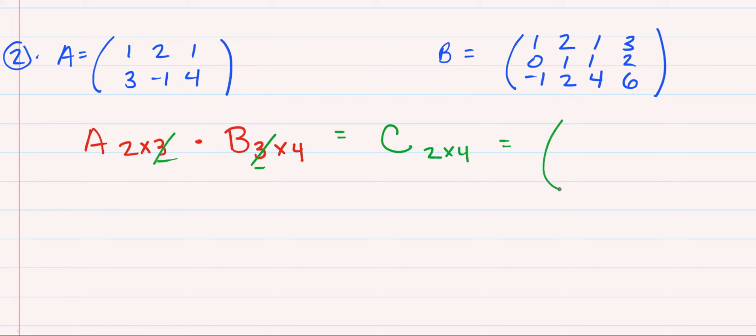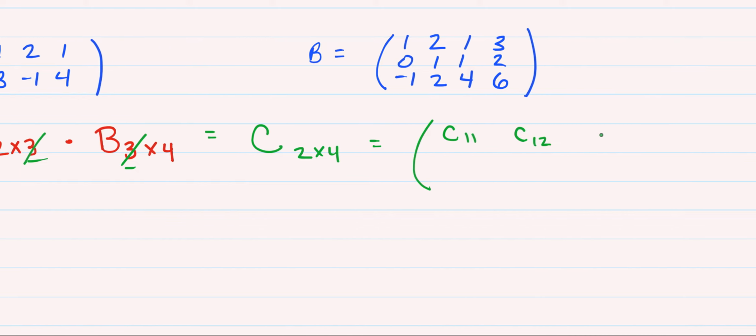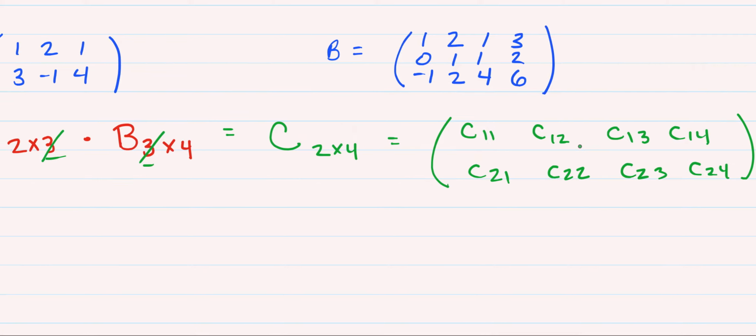I'm going to write out this matrix. It's going to be C11, C12, C13, C14, C21, C22, C23, C24. Again, 2 by 4. So we're going to have quite a bit of entries to figure out.